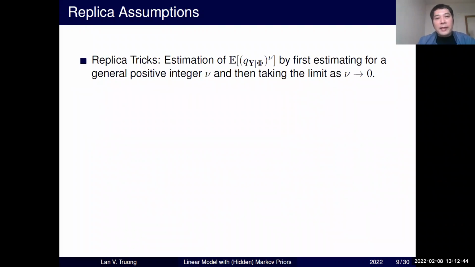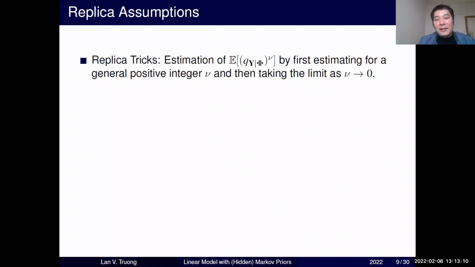The reason why the replica method is not really rigorous, from a mathematical viewpoint, is that in replica methods we use some assumptions, and these assumptions look very hard to verify using standard mathematical analysis.